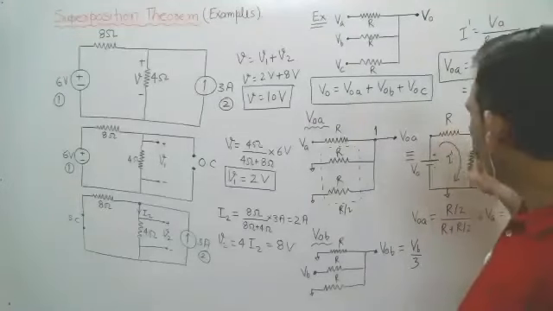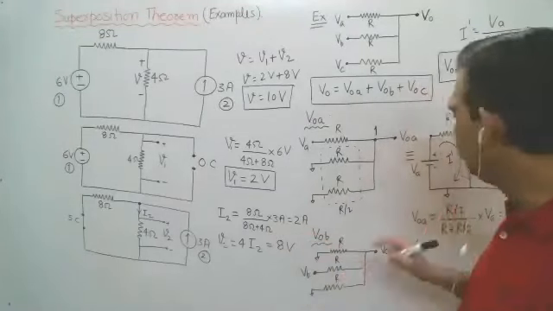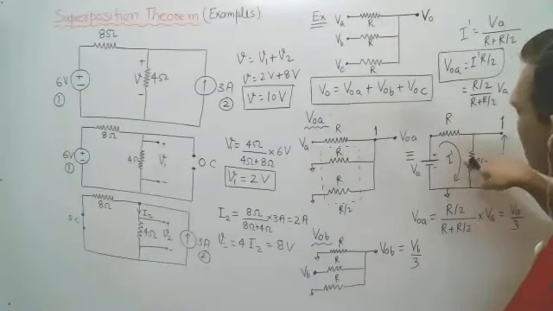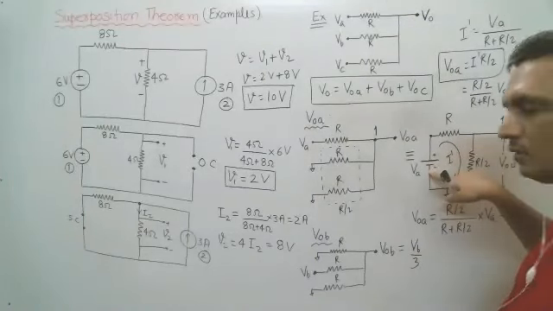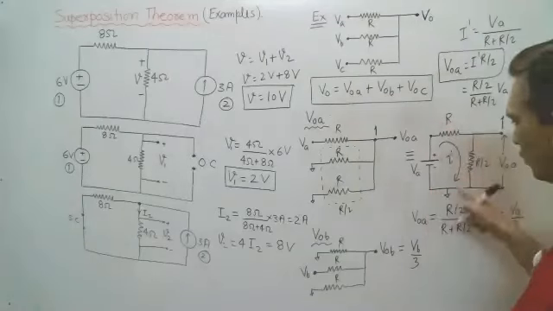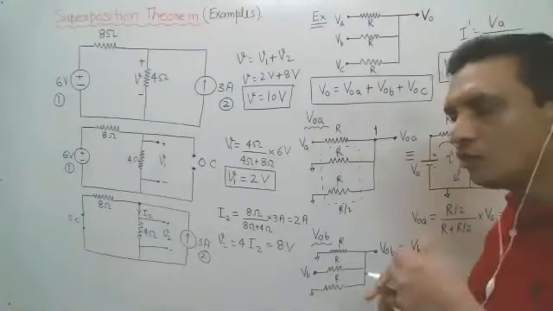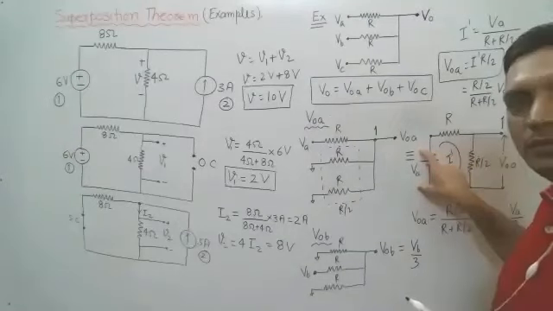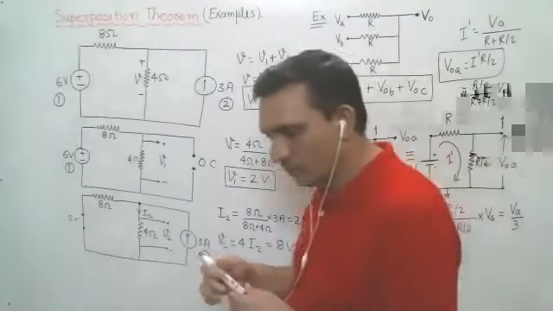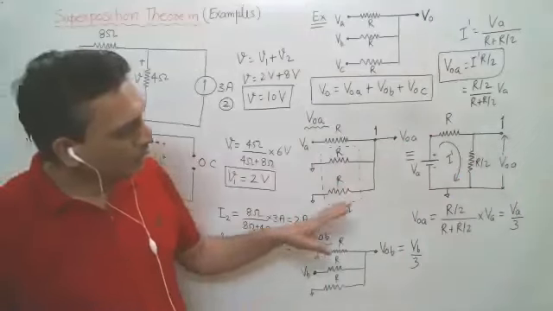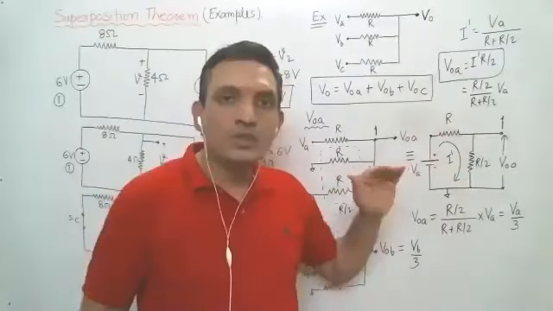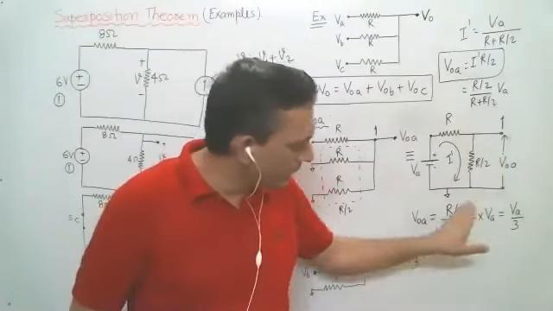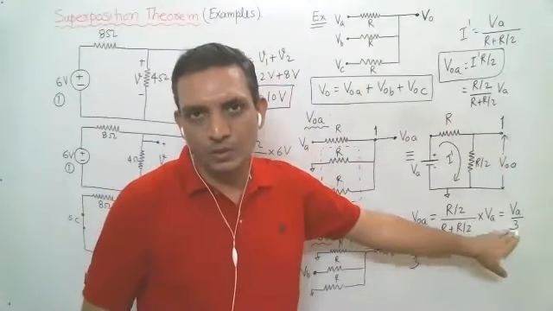Now let's see why this is a closed loop. You have a voltage drop across this, across this, across this. This drop will be 0, so it's a closed loop, and you have only three drops: across R, R by 2 and VA. Since you know KVL, KCL and the voltage division rule, I have directly written the voltage V0A.